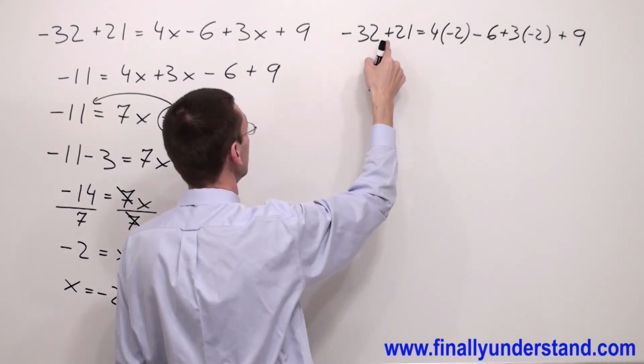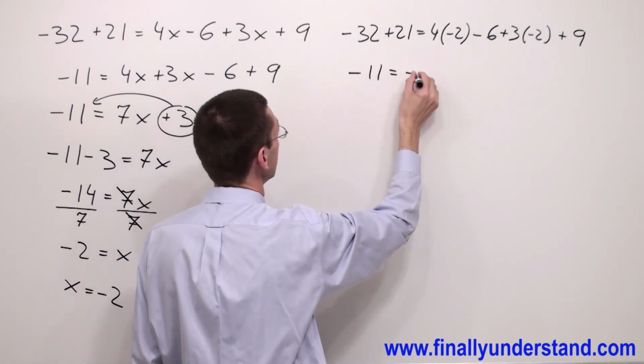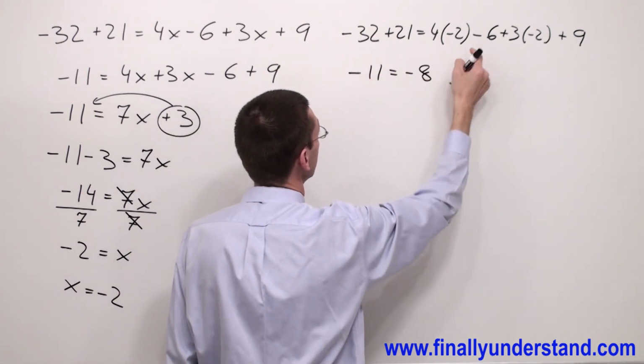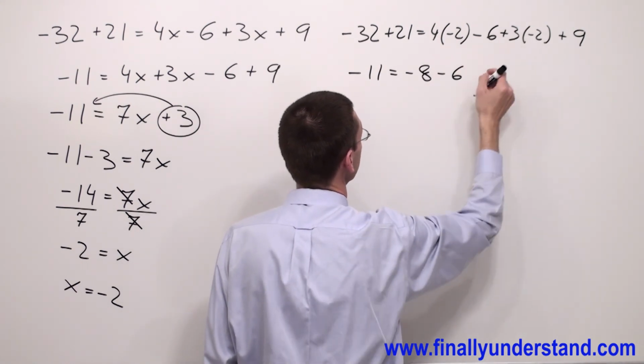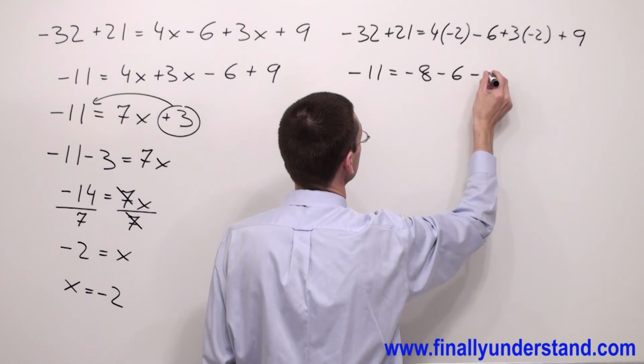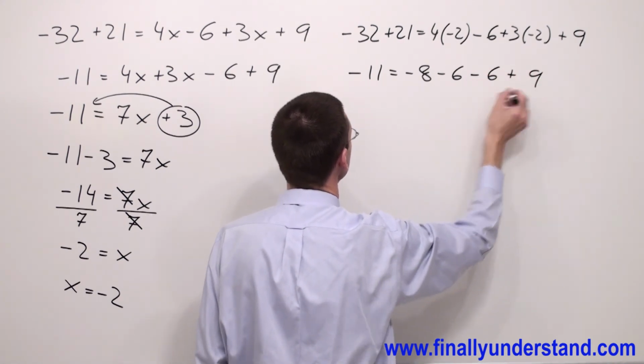Minus 32 plus 21, we said, is negative 11, equals negative 8, copy down negative 6, positive 3 times negative 2 is negative 6, and I have plus 9.